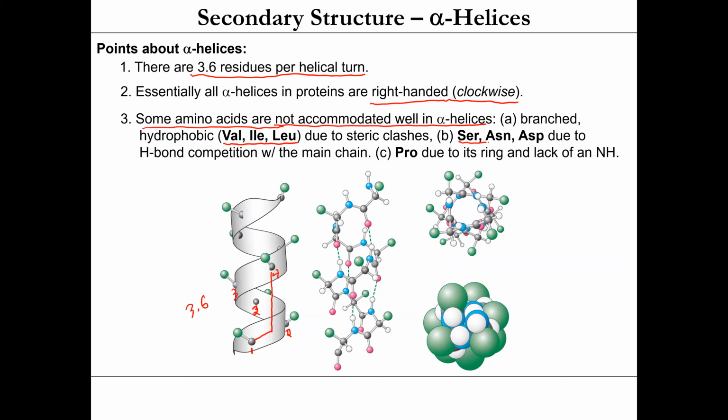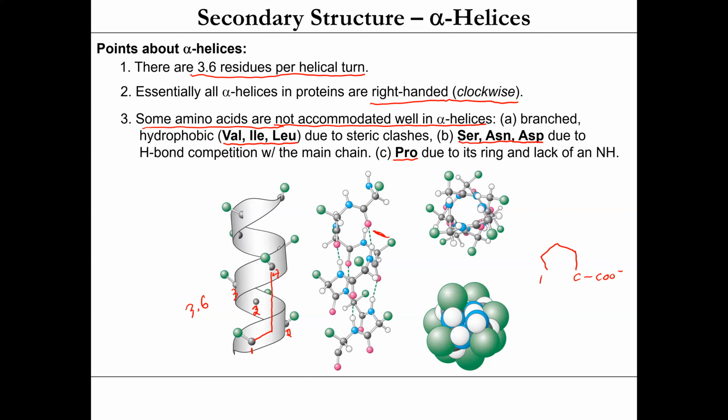Serine, asparagine, and aspartate are also not accommodated well in alpha helices, because they have polar characteristics and they all have a short side chain. This causes them to compete with hydrogen bonding from the main chain. So those aren't accommodated very well either. And then also proline, which is due to its ring structure and its lack of an NH hydrogen bond donor. Because if you remember, it has that ring structure where the side chain actually forms a covalent bond with the amino group.